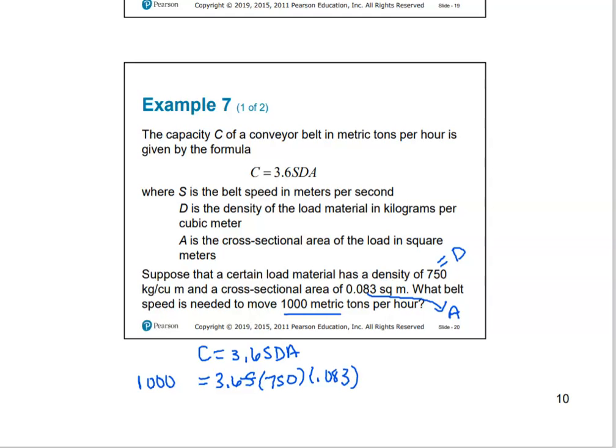These three numbers right here, I need to multiply them so I can reduce this down so I can solve it. So 1,000 equals, I don't know what S is still, but I can do 3.6 times 750 times 0.083.